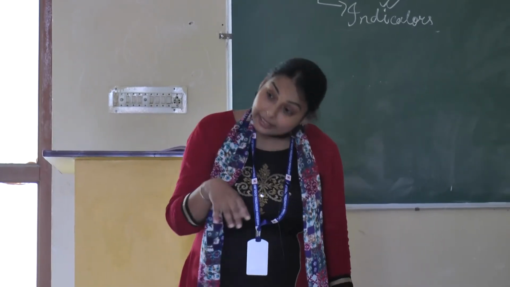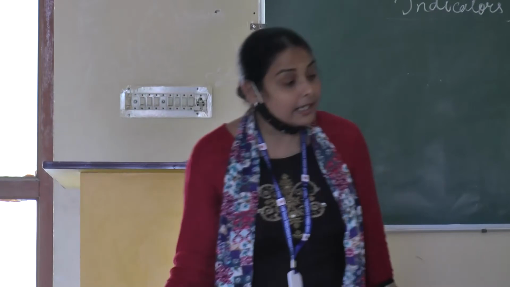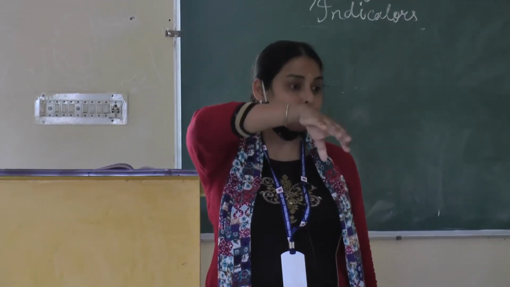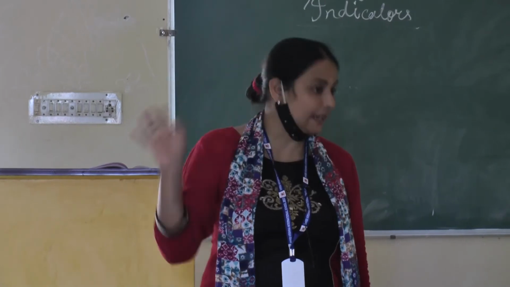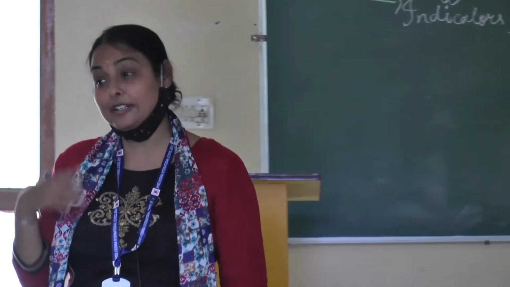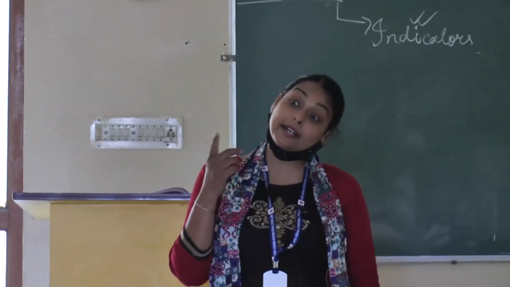Later we will learn how many indicators there are and which indicators we use in which particular experiment, because one universal indicator is also there. I will tell you later about it, because slowly we should go through the chapter. You have to learn what a universal indicator is and why we say universal indicator when a normal indicator is present, right?